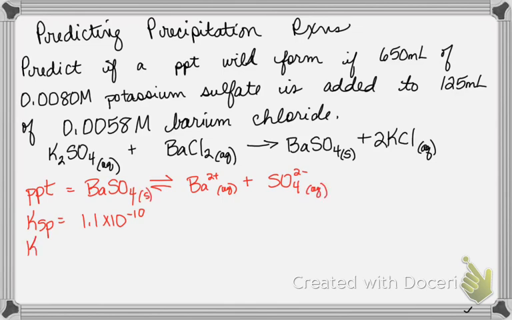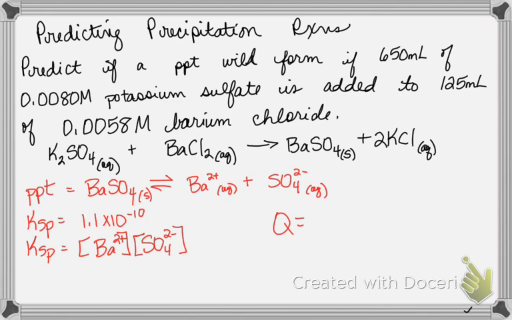We know that its KSP expression would look like this: barium ions and sulfate ions. And we know it's an x squared, okay? We're not actually going to need the x squared for this one. So, will a precipitate form? What we're going to have to do is calculate Q. In a minute, I'm going to have to switch slides, guys, because I'm not going to be able to fit everything here.